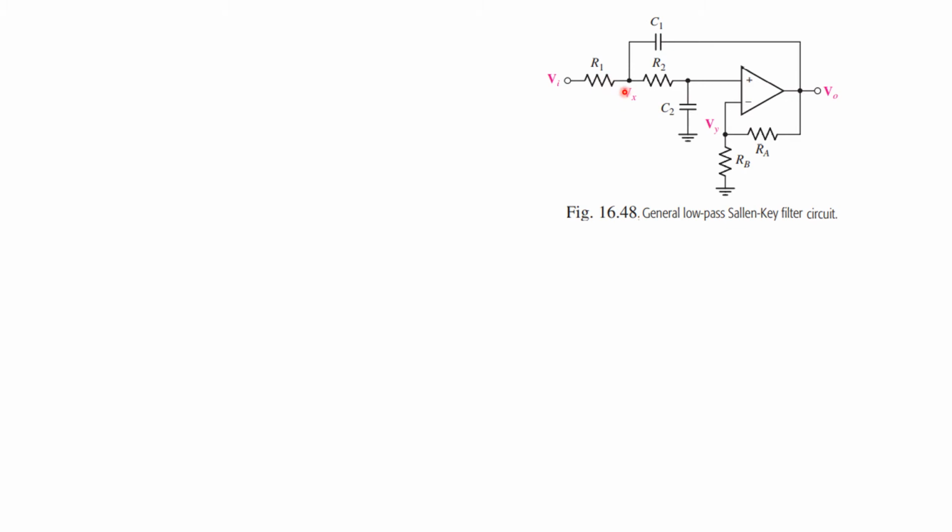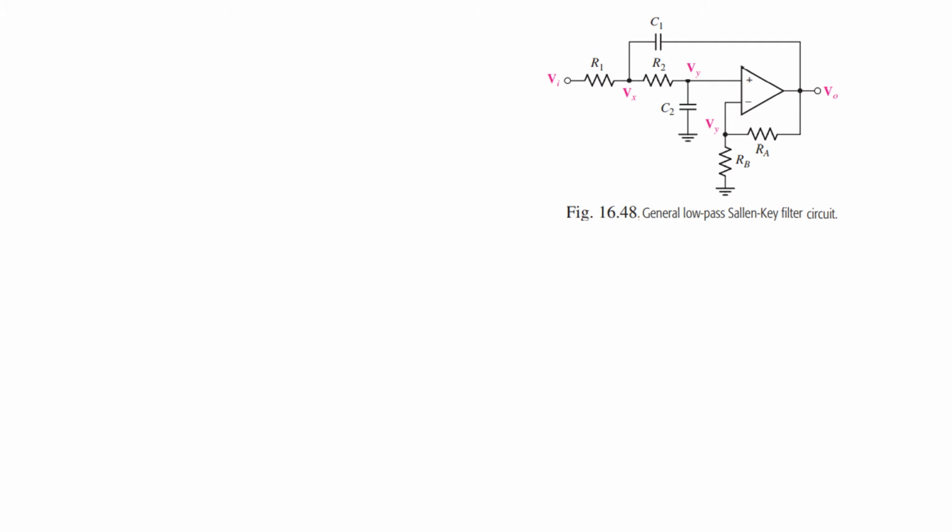This is the Vx terminal, V out terminal, and this is the Vy terminal. Now we know that the two terminals of an op-amp would have the same voltage. So if Vy is here, therefore Vy should be here also, or at this point as well. So let's write it Vy.